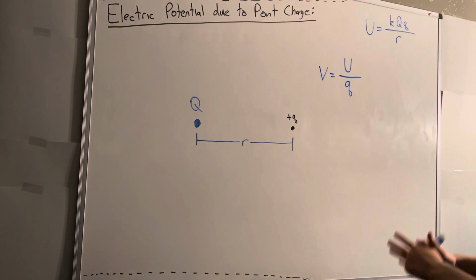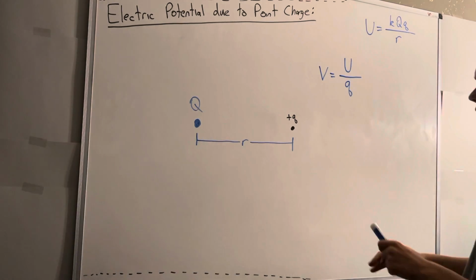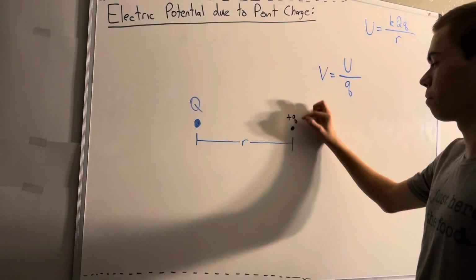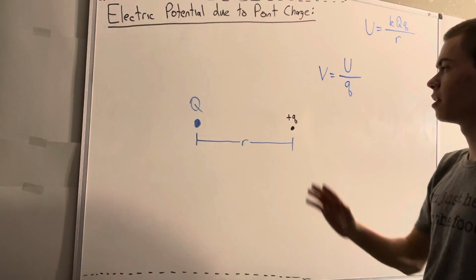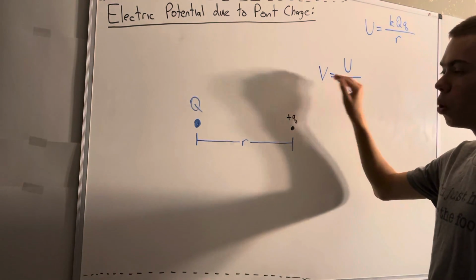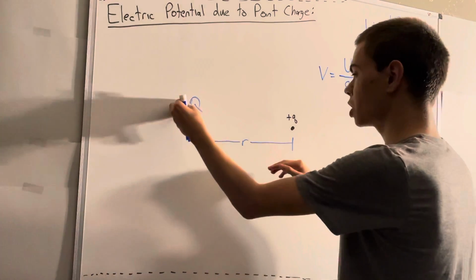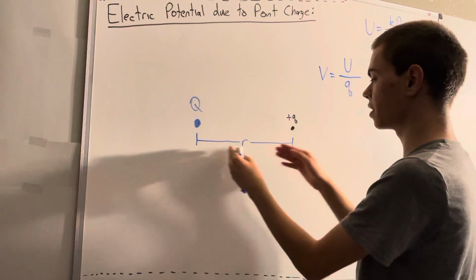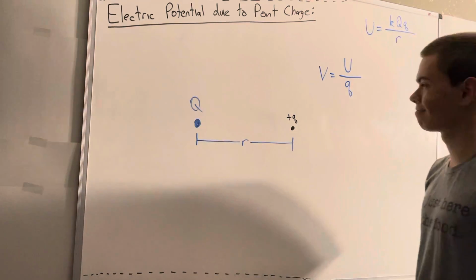So here's what we're going to do. If our test charge doesn't matter, it turns out that electric potential only depends on the value of our point charge and the distance away from our point charge. That's basically it.